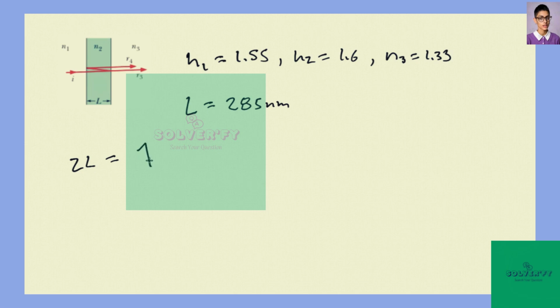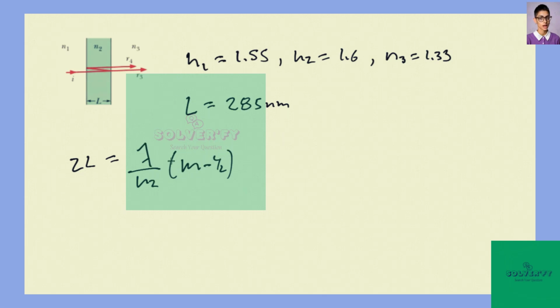So we can write that as lambda over the index of refraction, because it's the wavelength not in the vacuum, but the wavelength in this material with index of refraction N2, times some integer minus 1/2. Right? So m is 1, 2, 3, etc.